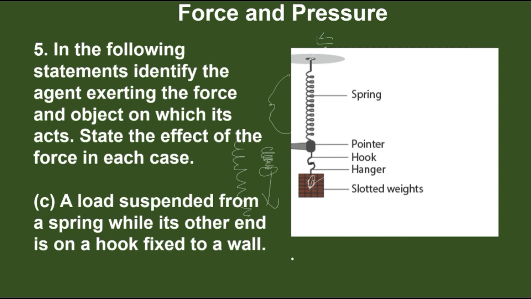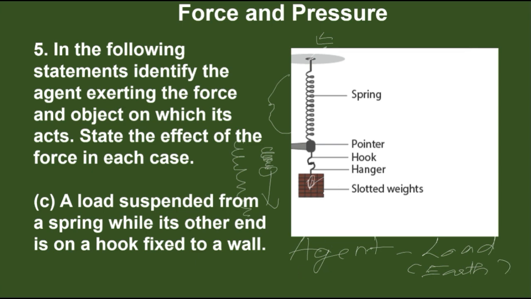Now again here you have to write what is the agent, who has applied force here. Tell me, who is applying the force? It's the load, isn't it? And who has applied force on the load? It's the earth. Why does this load go down? It's because of Earth's gravity.